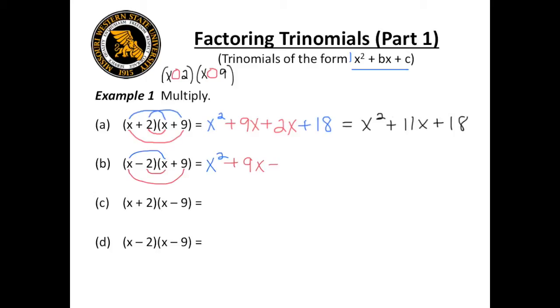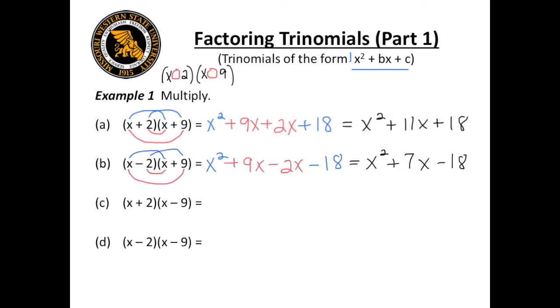Here we have a subtraction of 2x since a negative 2 times a positive x is a negative. And then last, negative 2 times positive 9 is negative 18. When we combine like terms, we have x squared plus 7x minus 18.